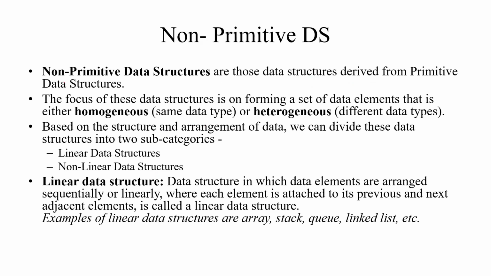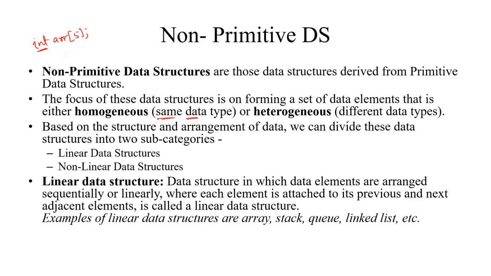Meaning, whenever we try to define some data structure like an array, by default you know that this kind of data structure we can define on the same data type only. Means if it is a similar kind of data type, like integers, all the elements inside this data structure will be of the same type, that is integer.